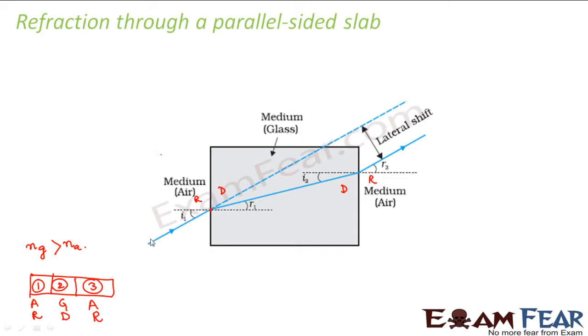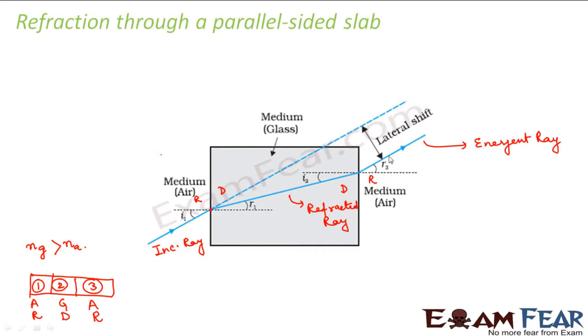So what do we see? This is the incident ray which is entering, and this is the emergent ray which is going out. So we call this ray the emergent ray because this ray emerges out of the glass slab after experiencing refraction, and this is my incident ray, and this ray is the refracted ray, right?